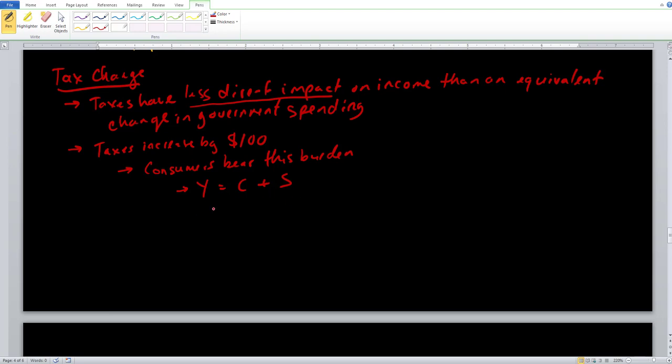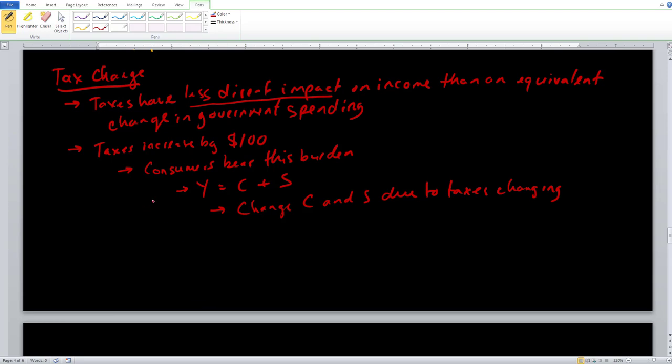It tells us that consumption and savings have to change due to taxes changing. So here, this is exactly how we bear this burden. We change our consumption and savings habits due to taxes changing. So anytime taxes change, it inherently tells us that we're going to be changing our consumption and savings habits.